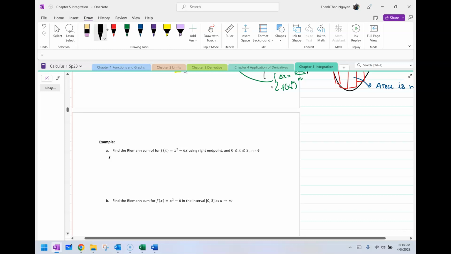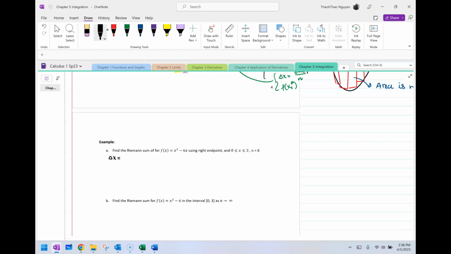Delta x is equal to 3 minus 0 divided by 6, which equals 1/2. So each x sub i is on the interval from 0 to 3, and we divide this into 6 intervals. This is x sub i.